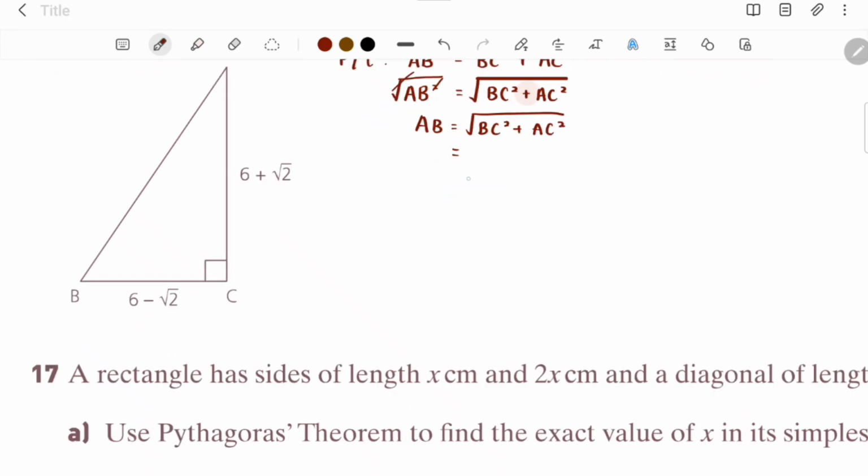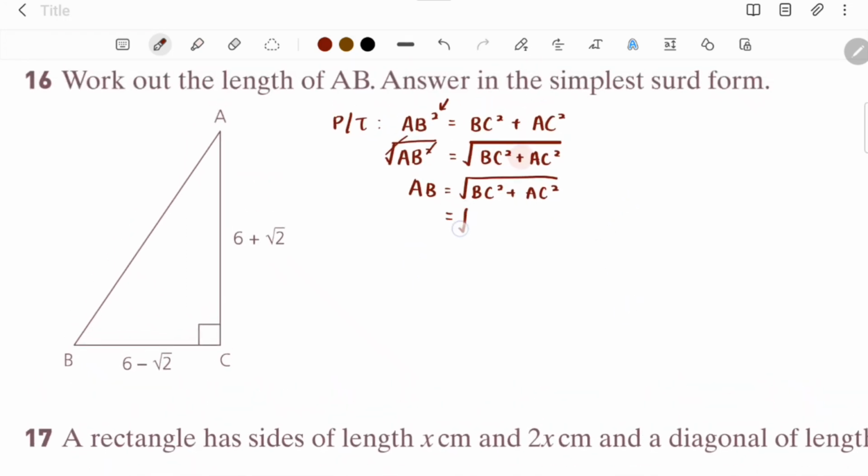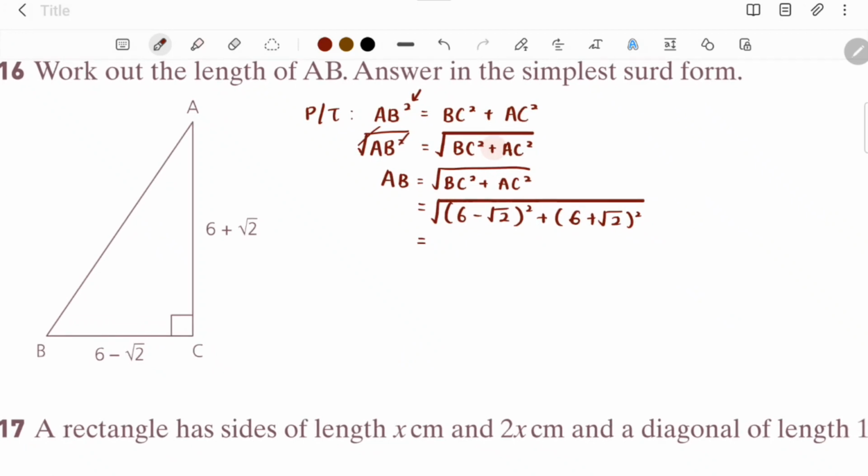So BC is actually square root of (6 minus surd 2) squared plus AC, which is (6 plus surd 2) squared. Okay, so when you see plus and minus and then squared, let's say I write like that: (x plus a) squared.